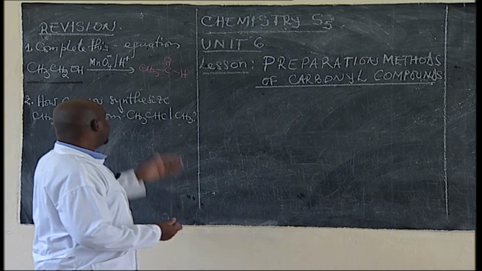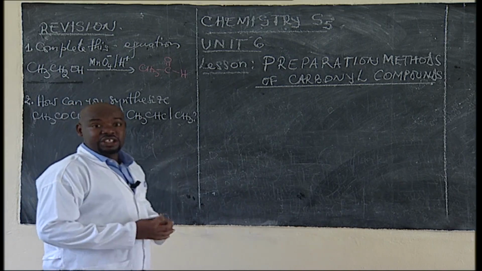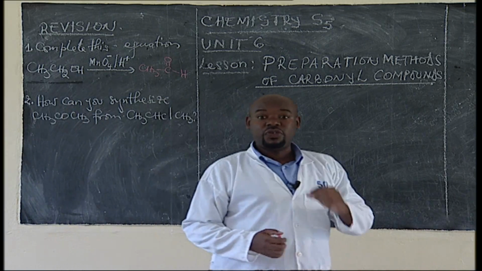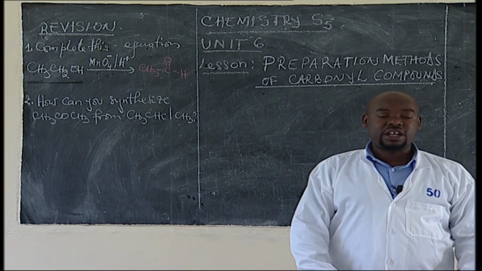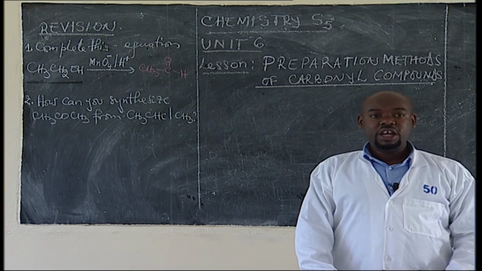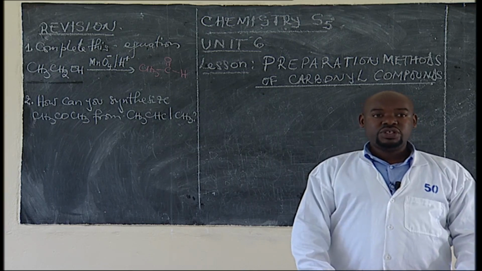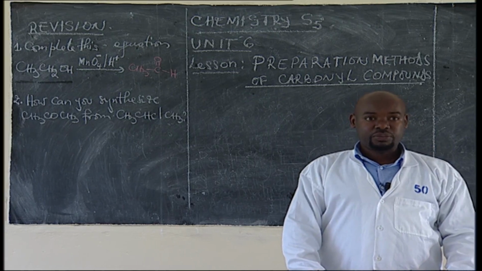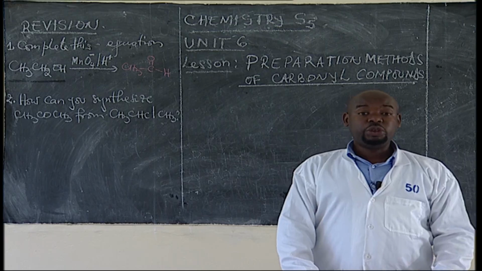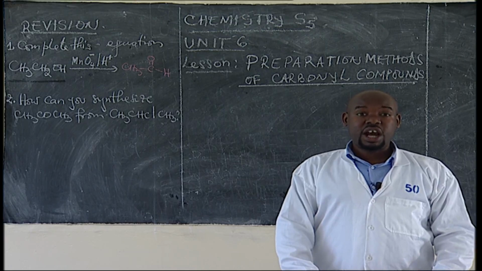But this is a strong oxidizing agent, and because of that, it is not very simple to produce the aldehyde. Instead, if there is some oxidizing agent remaining, we will produce an acid, a carboxylic acid.